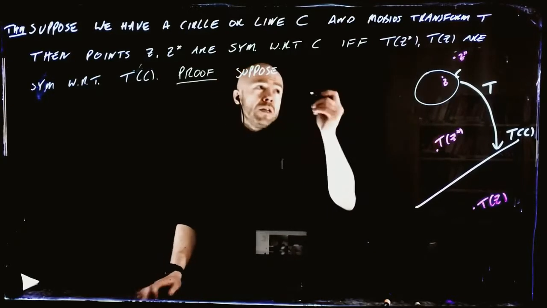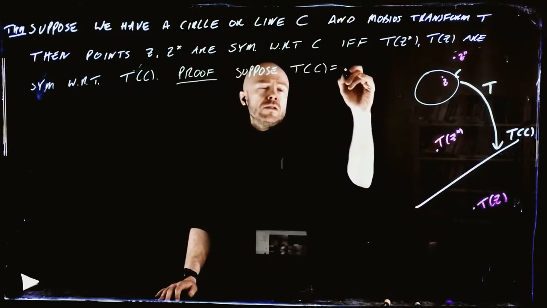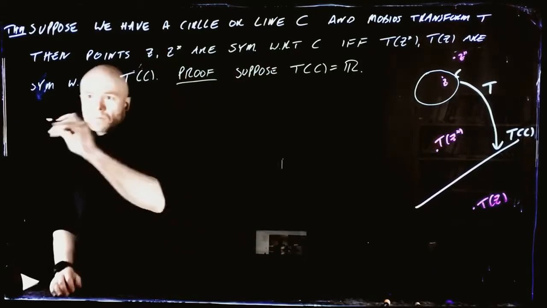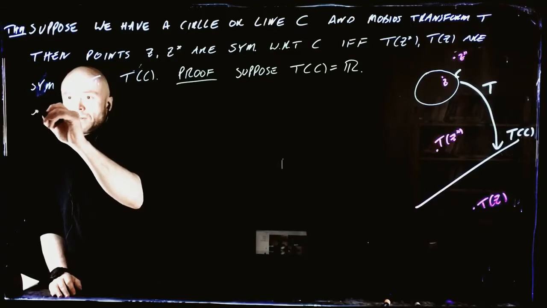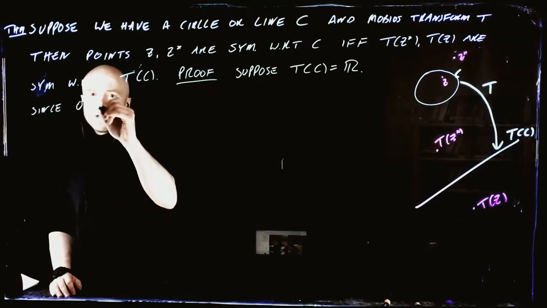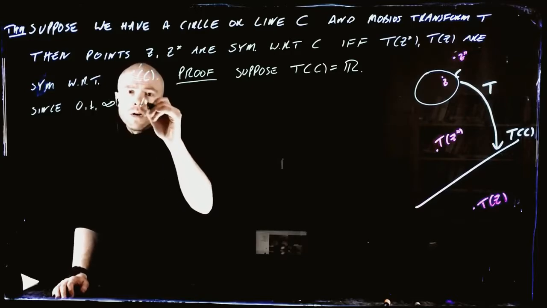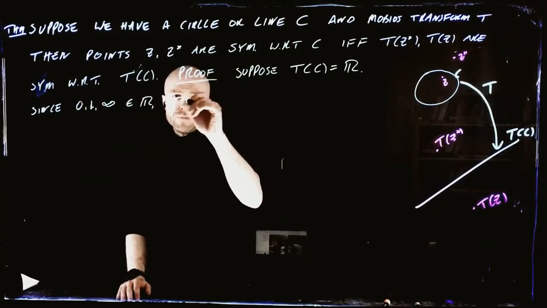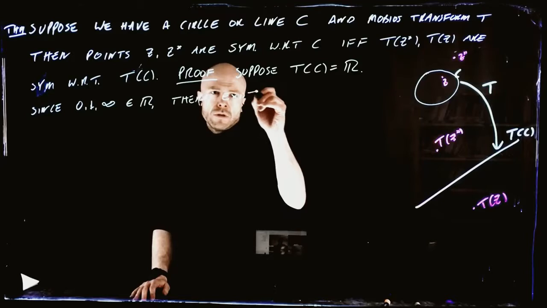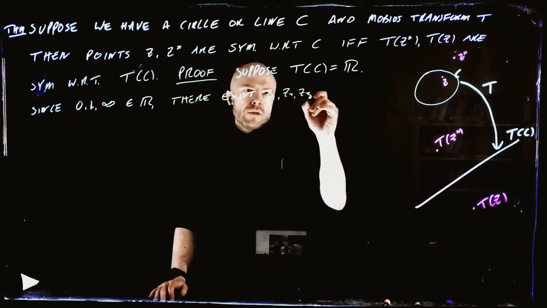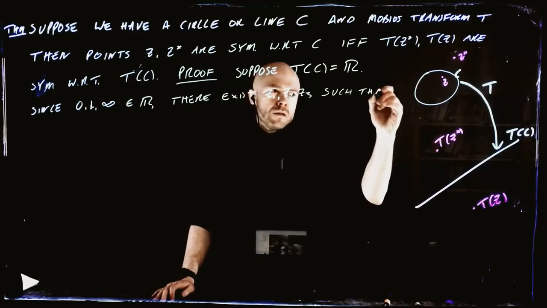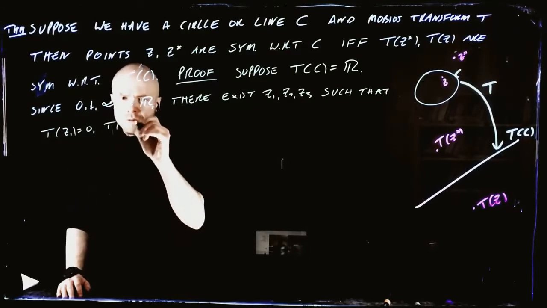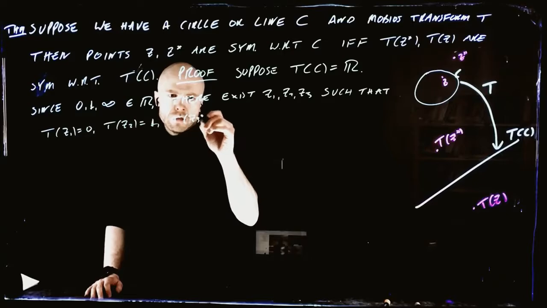Suppose that the image of our line or circle is equal to R. Now, notice since we have that 0, 1, and infinity are all points on R, and T is an invertible mapping, there exist Z1, Z2 and Z3 such that T of Z1 equals 0, T of Z2 is equal to 1, and T of Z3 equals infinity.